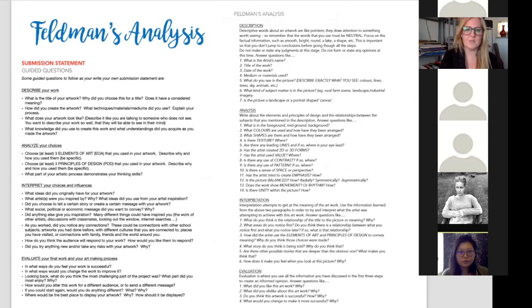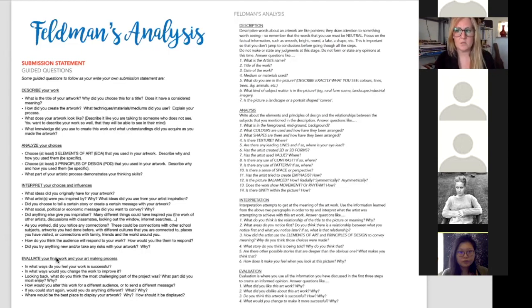So I get my students to use Feldman's analysis. We use Feldman's analysis all the way since grade 6, all the way up. Whenever they do an artwork, whenever they do an art assignment, it always comes into me with a submission statement. So in grade 6, we learn the art vocabulary, elements of art, principles of design. So in grade 6, they are submitting their work, describing it, analyzing it, interpreting it, and evaluating it.